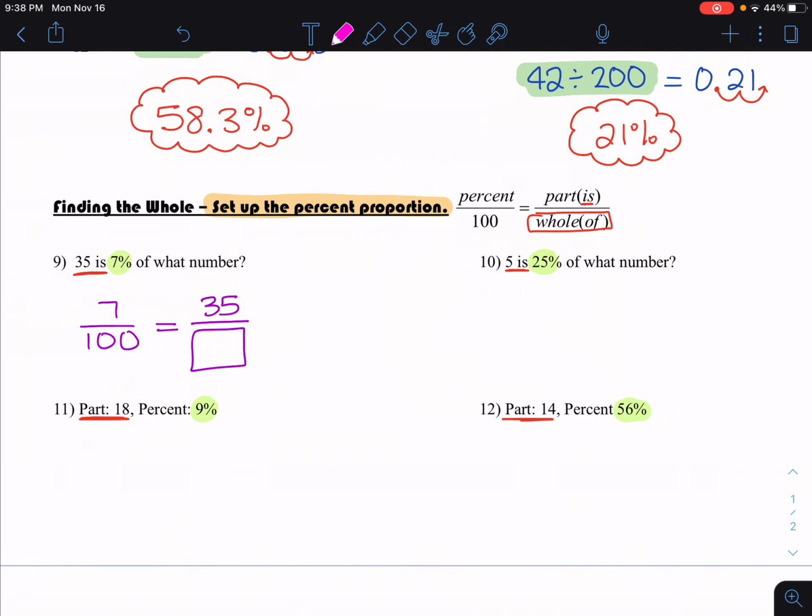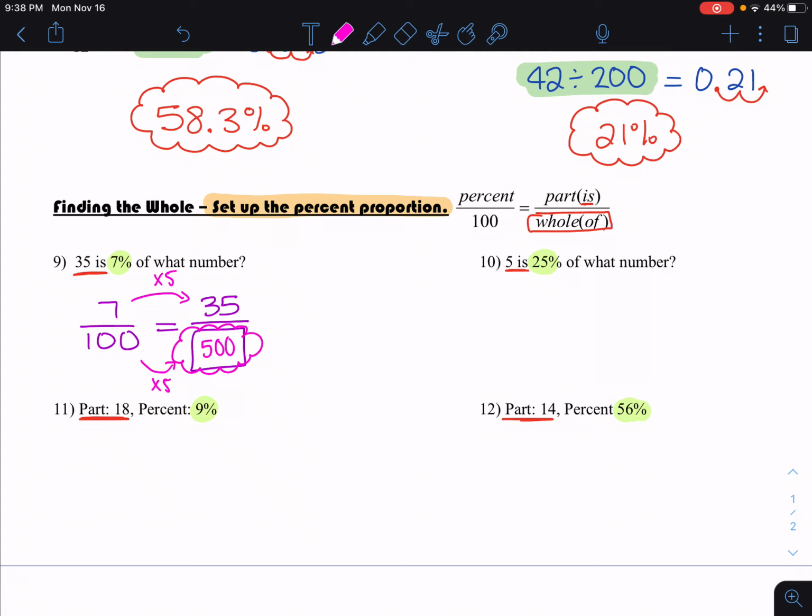Now I'm going to figure out, how did I get from 7 to 35? Well, to get from 7 to 35, I'm going to multiply by 5. So I'm going to do the same thing to the bottom. 100 times 5 is 500. So my whole is 500. That filled in box is going to be your answer.